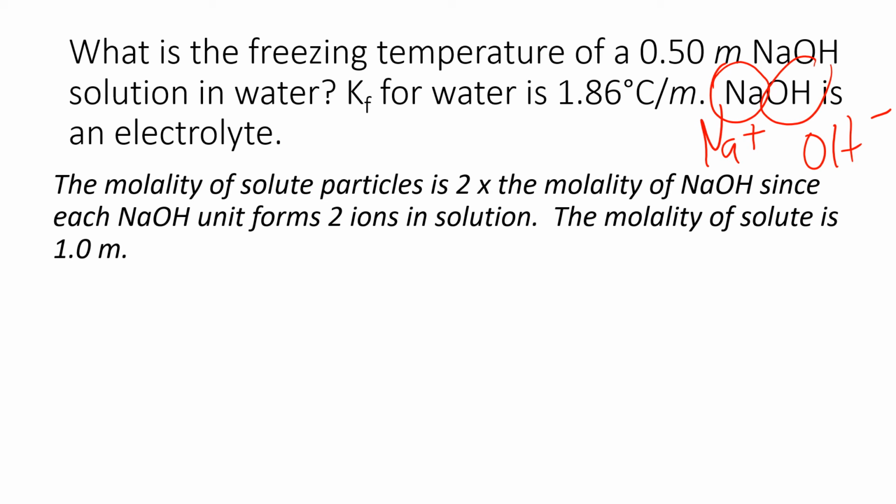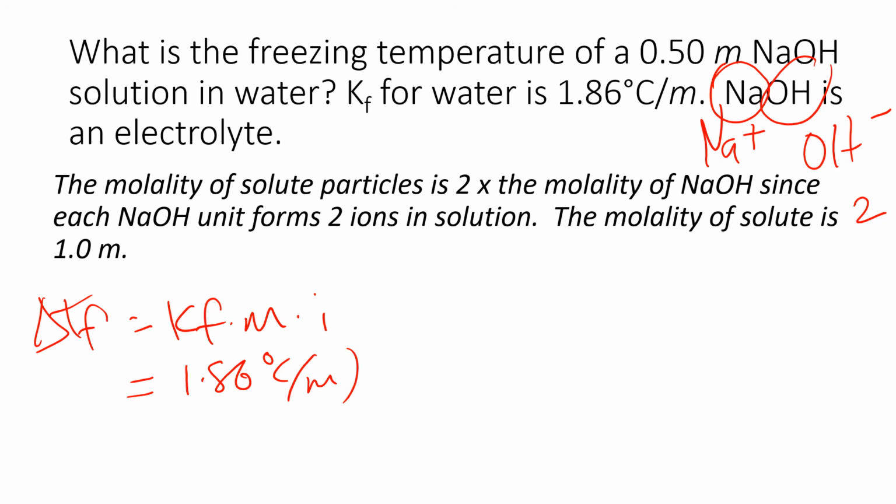So your Van Hoff factor will be 2. So delta TF equals Kf times M times I. So 1.86 degrees Celsius over M times 0.5 times 2 for that Van Hoff factor. So 1.86 times 0.5 times 2 is actually 1.86 degrees Celsius.